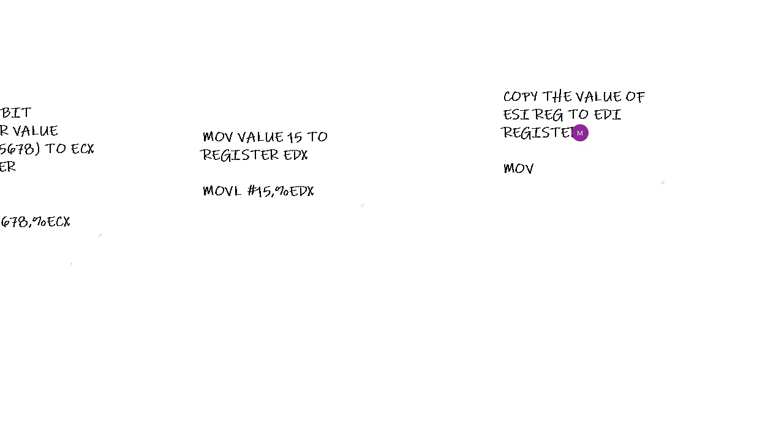What's the name of the source register? ESI. Okay, what's the name of the destination register? EDI register. Okay, what's the answer for the question that I asked? Copy the value of the ESI register to the EDI register. What's the answer for this?